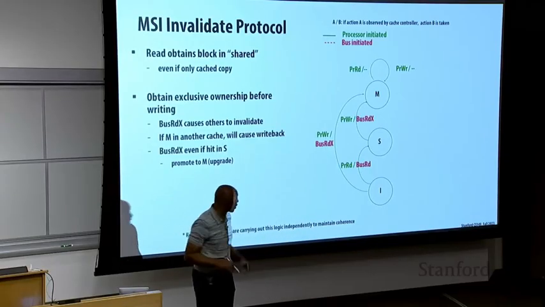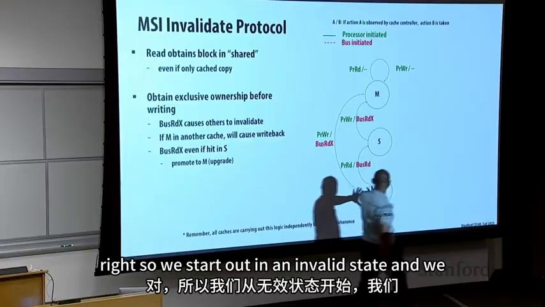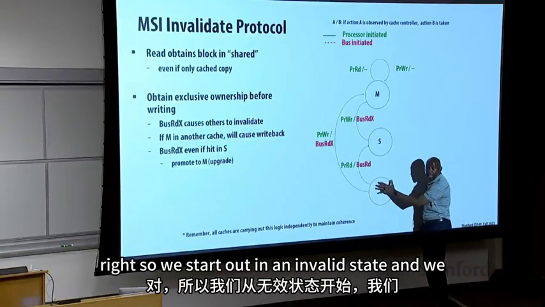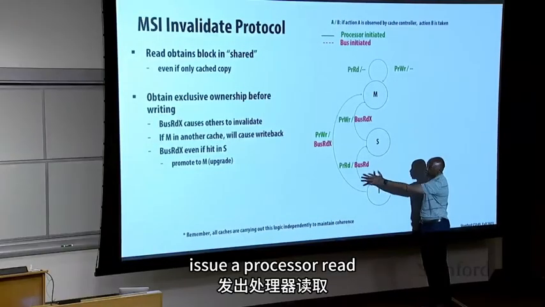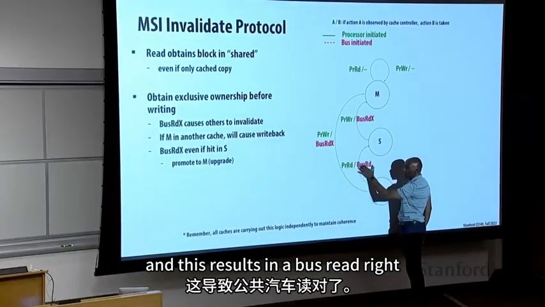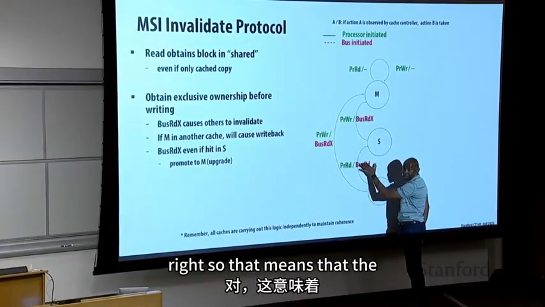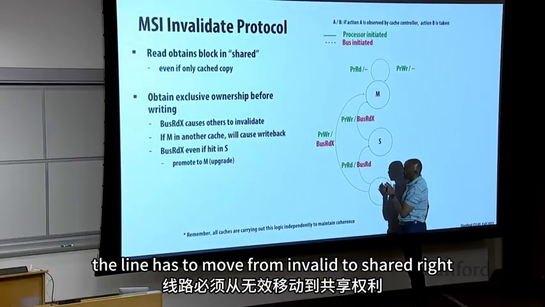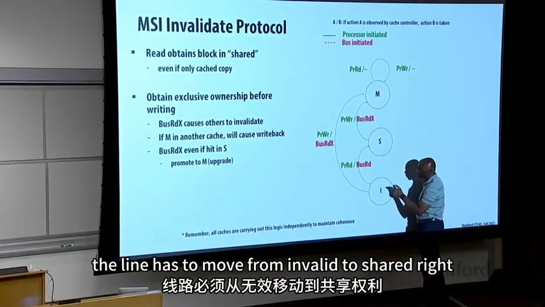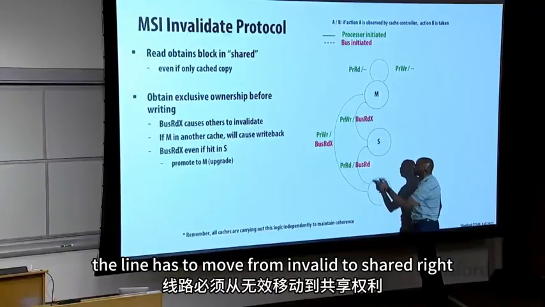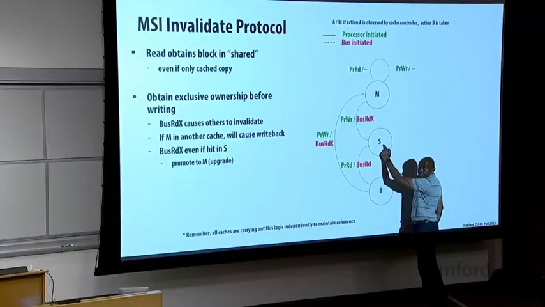Okay? All right. So we start out in invalid state, and we issue a processor read, and this results in a bus read, right? It says, get me the cache line because I want to read it. So that means that the line has to move from invalid to shared, right?